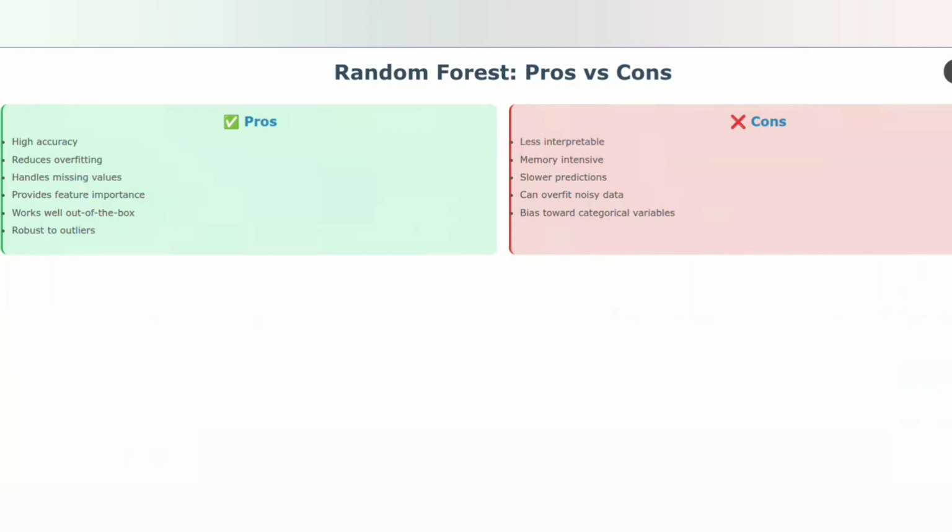On the negative side, it's less interpretable than single trees, requires more memory and computational resources, can be slower for predictions, can still overfit with very noisy data, and may be biased towards certain types of categorical variables. For most practical applications, the pros significantly outweigh the cons, which is why random forest remains one of the most popular algorithms in machine learning.